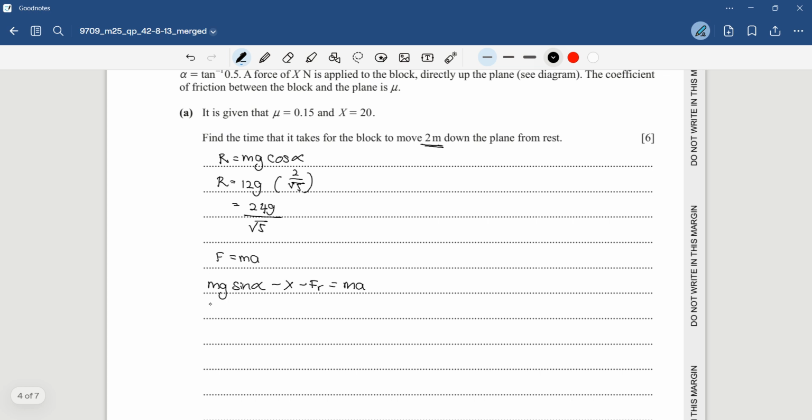So mg, 12g sine alpha, which is 1 over sec 5, minus x, which is 20, minus the frictional force, equal to mu R, where my mu equals 0.15 and R is equivalent to 24g over sec 5, equal to ma.